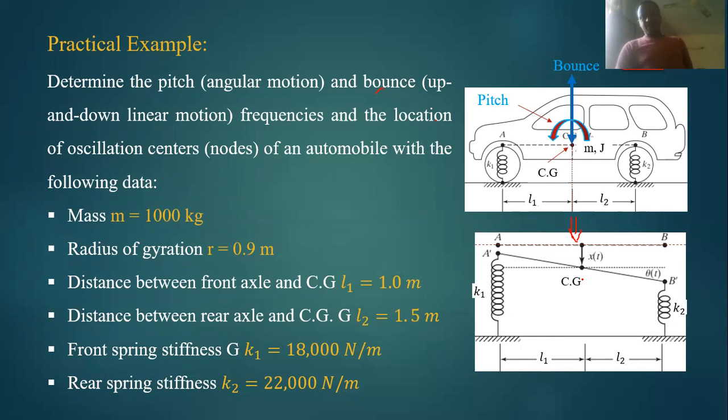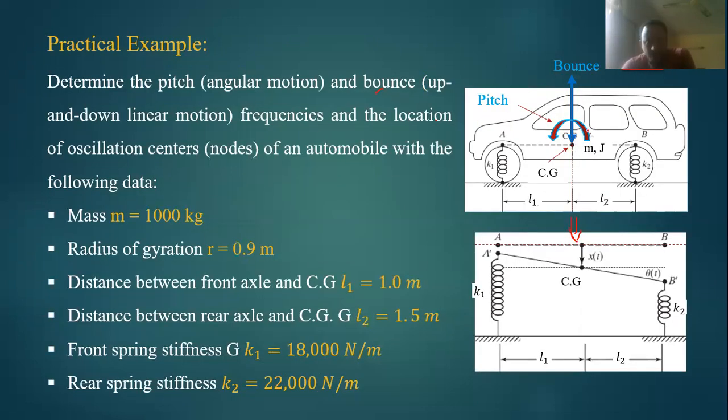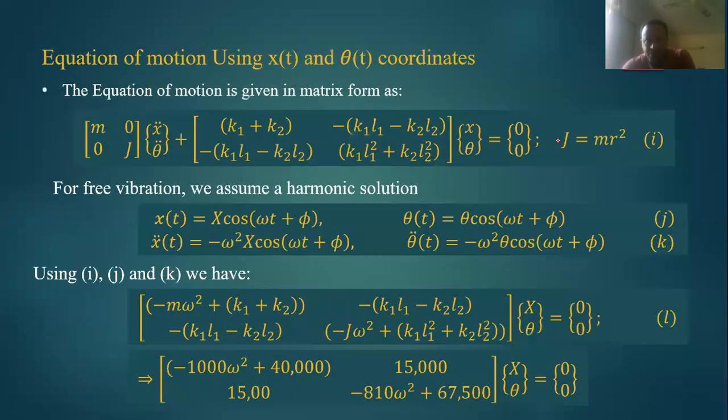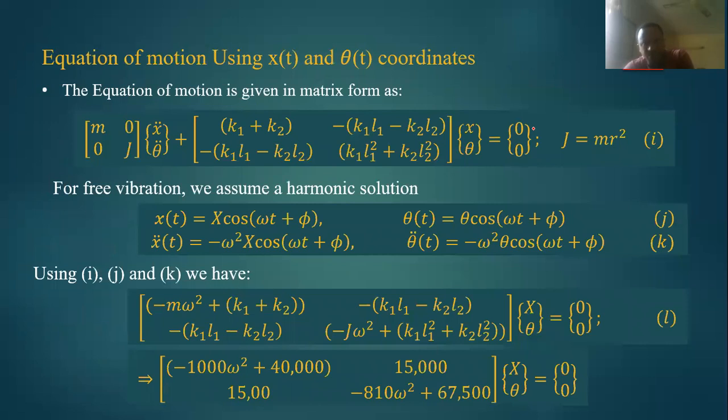If we directly consider the CG, then we have this type of relation, and this part is neglected, it is 0. This is the general form of the equation, and we didn't consider any external force, so what we are considering is free vibration. If we consider some external force, we will have that part, but it is 0 here.